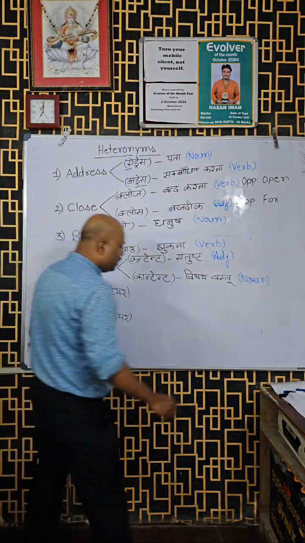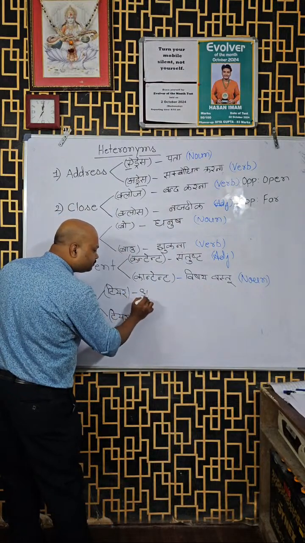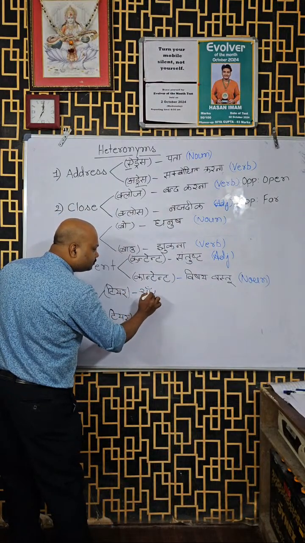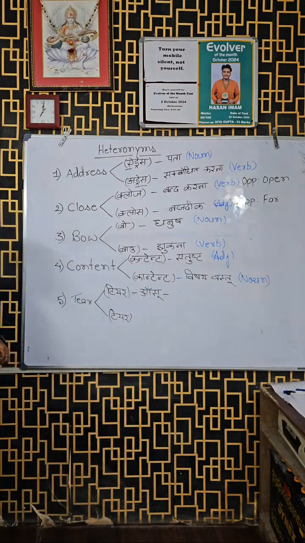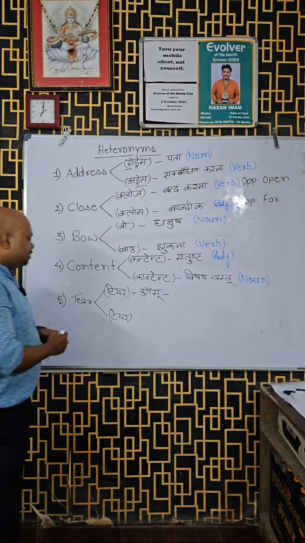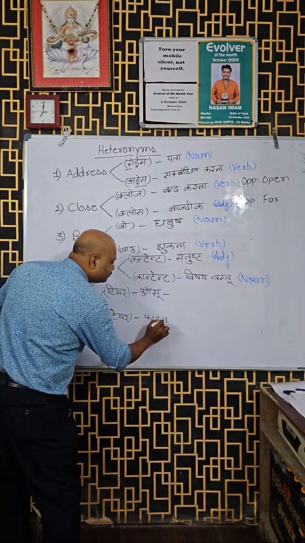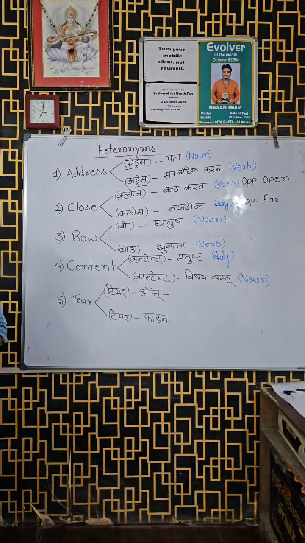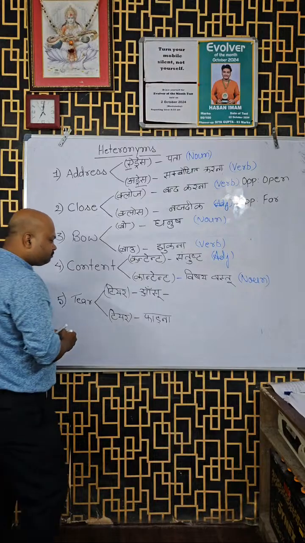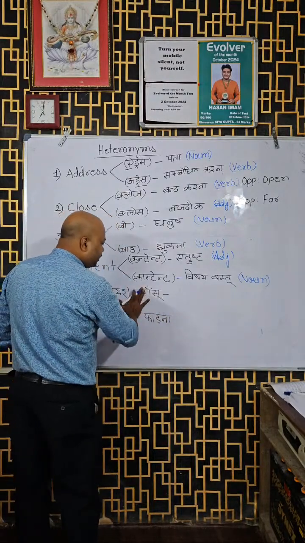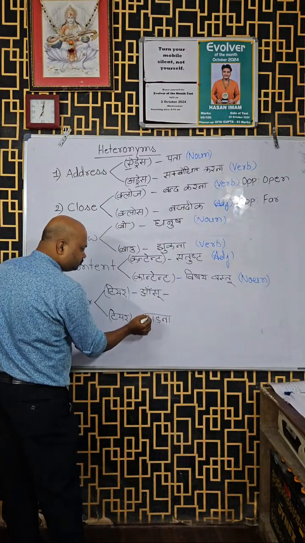Let's talk about the last one. This one. The first one is tear. It is आंसू. And tear is फाड़ना.